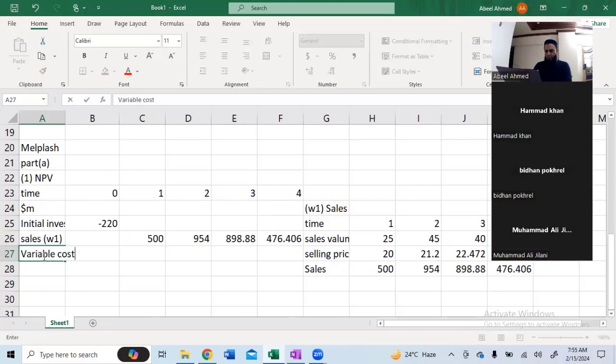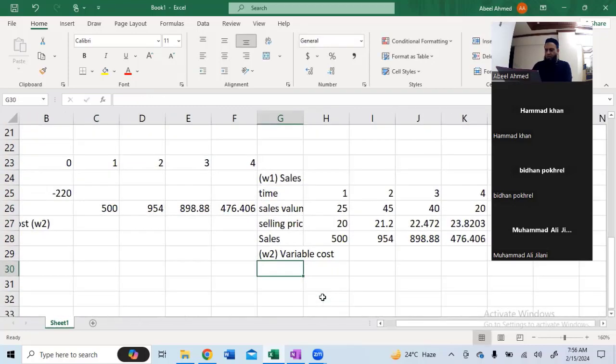variable cost. I think variable cost is 14 every year.